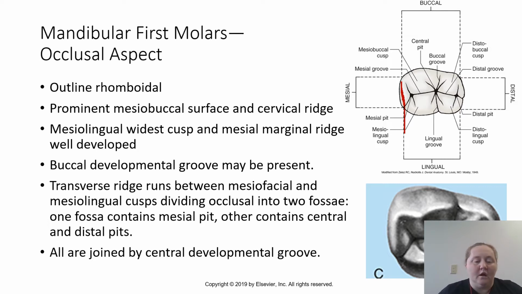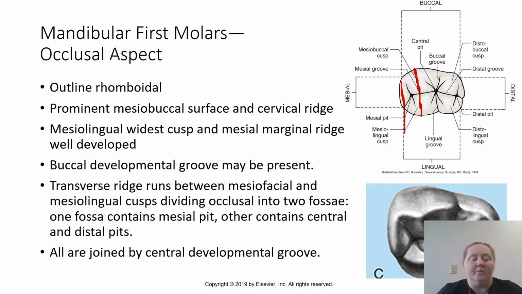Okay. The transverse ridge runs between the mesiofacial, or the mesial buccal, and the mesial lingual cusp, dividing the occlusal into two fossae. Okay, so it goes from here to here.